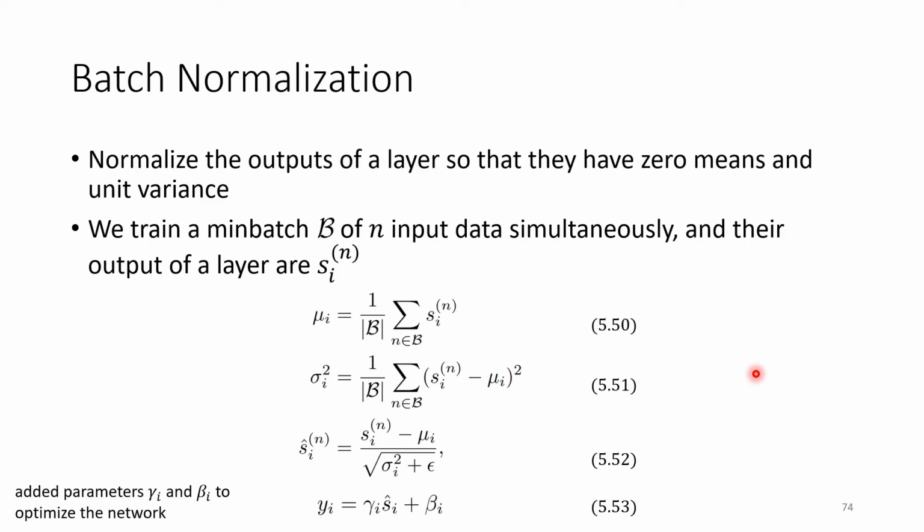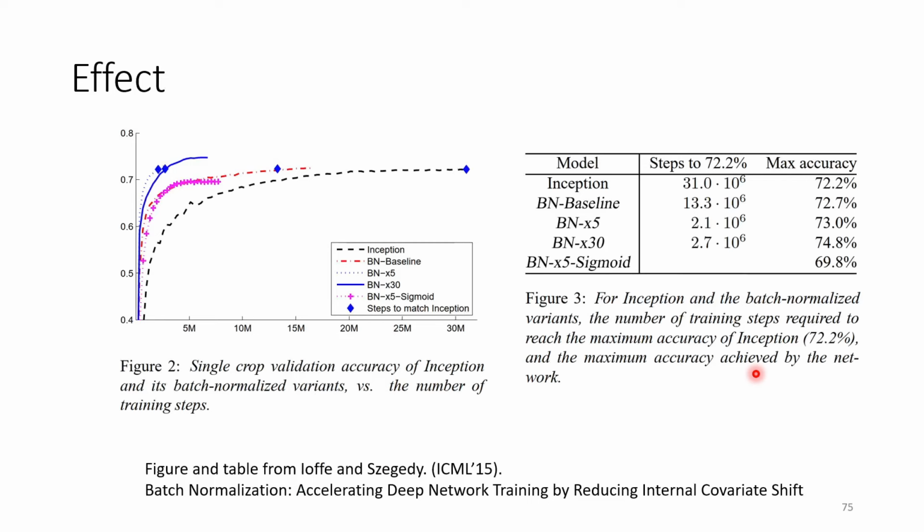There's another famous technique called batch normalization. This paper was published in ICML 2015, so 9 years ago. You can guess how many citations this paper has.